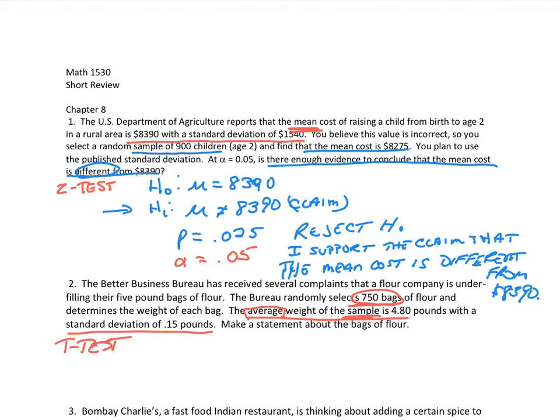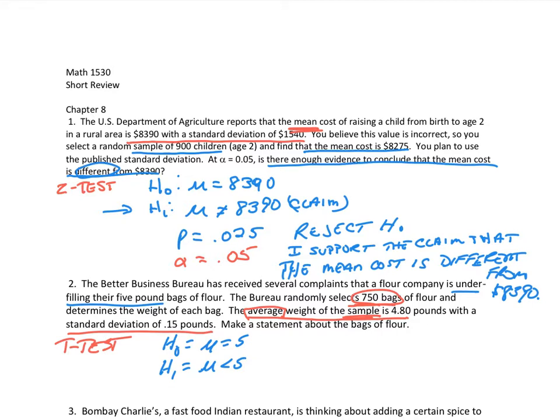So my hypothesis, the Better Business Bureau has received several complaints that a flour company is underfilling their 5-pound bags. Well, the null is always equal to, so the null is that the mean is equal to 5 pounds. The alternate, since we're talking about underfilling, is the mean is less than 5 pounds.